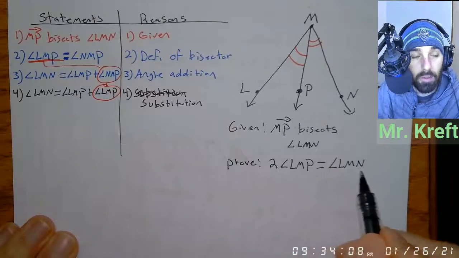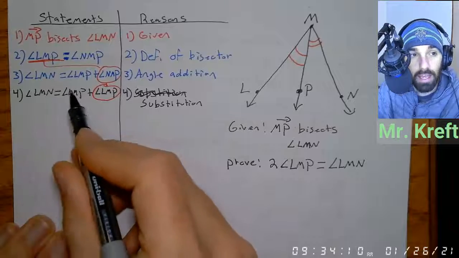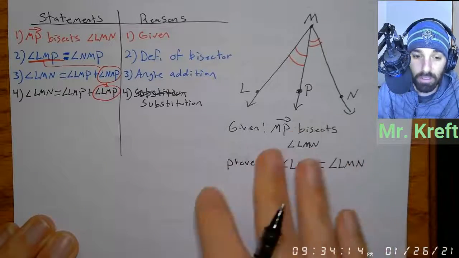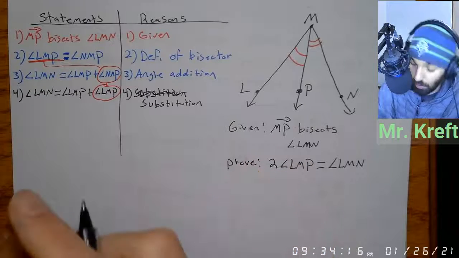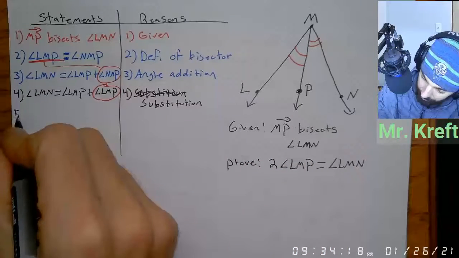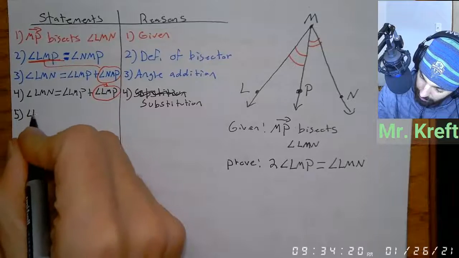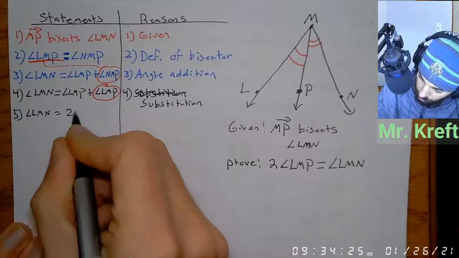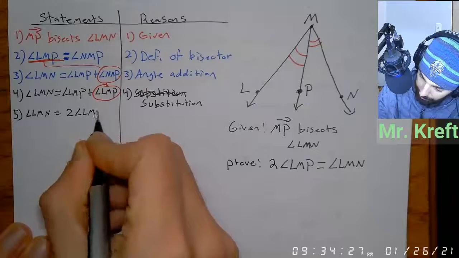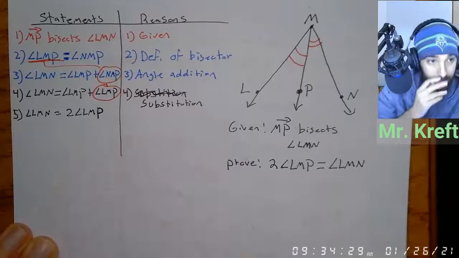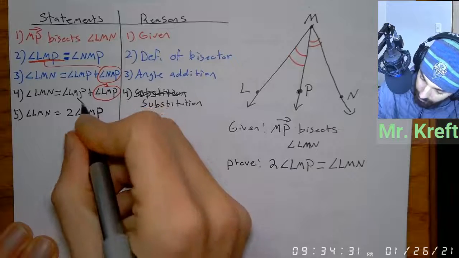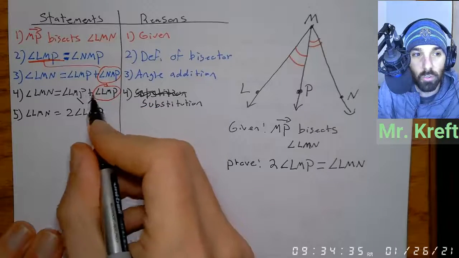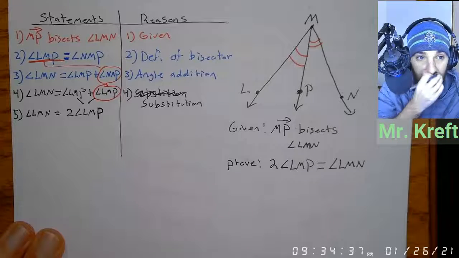So I have angle LMN, that's what I wanted, equals LMP plus LMP. Now, it's not written like they want it, right? Remember, the customer is always right. So what we're going to do is take our last step to say, hey, angle LMN, how many LMPs do we have? 2 angle LMP. Okay, and in algebra, what did we call that when we took two things on one side and brought them together?